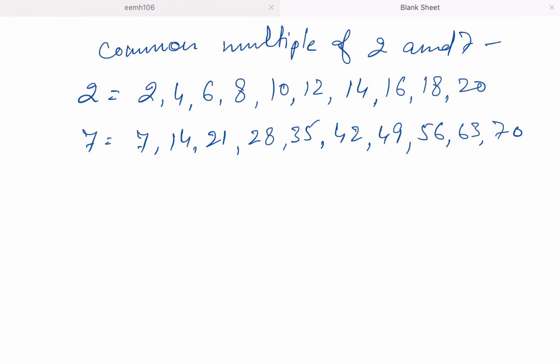Look carefully. Here is 14 and 14 and no other one. So this 14 is the common multiple. The common multiple is 14.